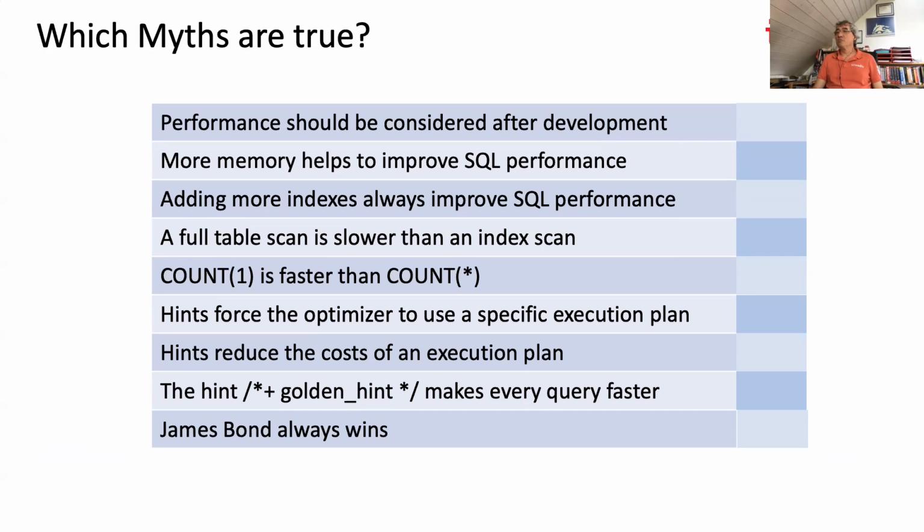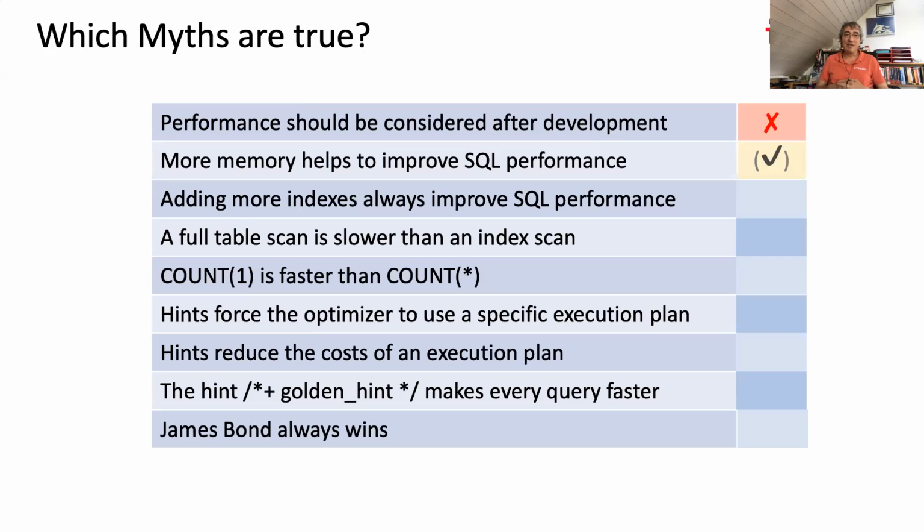So performance should be considered after deployment. That's what we saw at the beginning. That's definitely not true. It has to be considered in all phases of a project. And more memory helps to improve performance. Yeah, that's true. But not only.